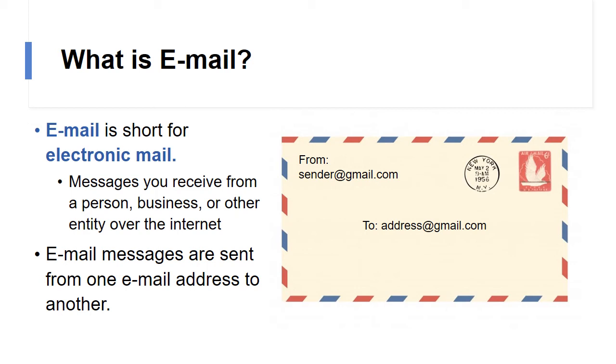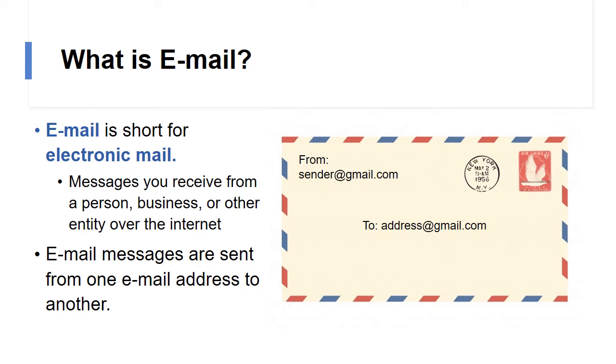So what is email? The word email is short for electronic mail, and those are messages that you send or receive from another person, a business, or an entity, such as, for example, the water department might send you your water bill online, or the same with the local electric department.